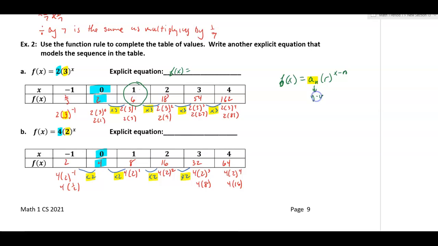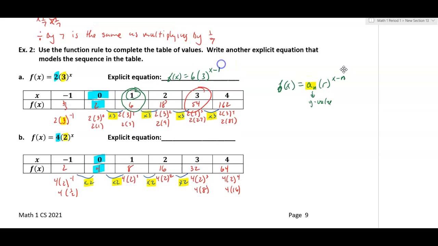That there is your y value that you are starting with, which is 6, times, right? What is my common ratio? My common ratio is 3. And then I'm going to do x minus what was the x value or the term value? That is 1.